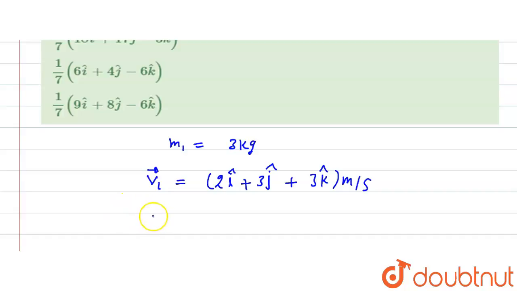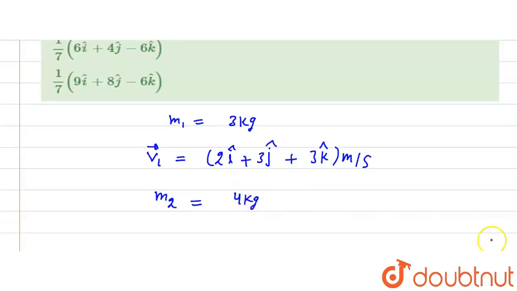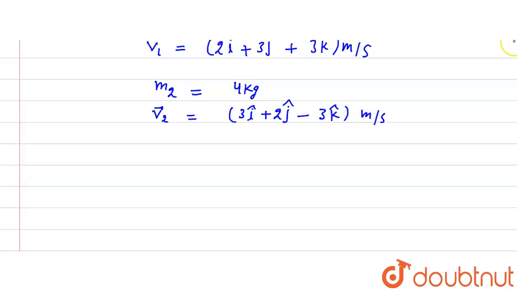The mass of the second body m2 is equal to 4 kg and its initial velocity v2 is equal to 3 i cap plus 2 j cap minus 3 k cap meter per second.